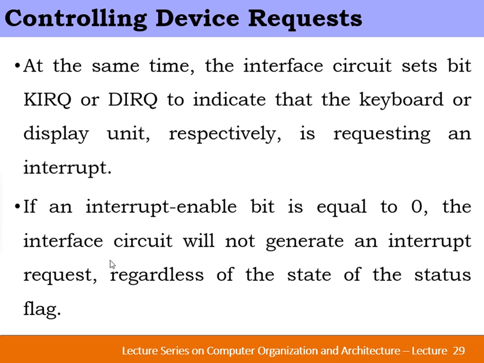So it is the responsibility of the control bit to decide whether to involve this device in generating an interrupt request or not. Therefore we make use of an interrupt enable bit.